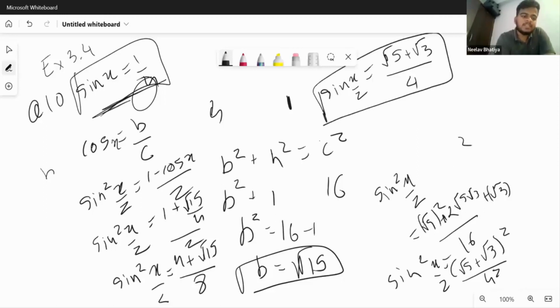Apply the formulas and try to find out tan x by 2 and cos x by 2. I'm just going to write those answers for you, and you can verify them when you actually solve this. Correct.